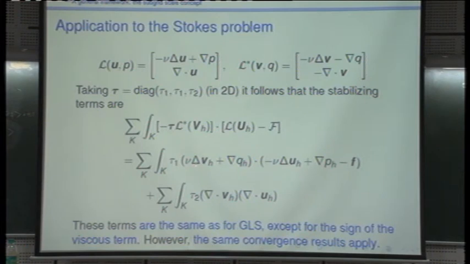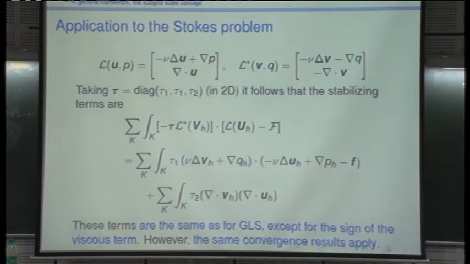We get tau 1, the first component of the adjoint with a change of sign, multiplied by the first component of the residual, plus tau 2, the second component of the adjoint with the change of sign, multiplied by the second component of the residual. We see that the method is exactly the same as GLS except for the sign of the viscous term, and it is more convenient to have this sign for different reasons. That's the end of the story. So we know how to stabilize that.